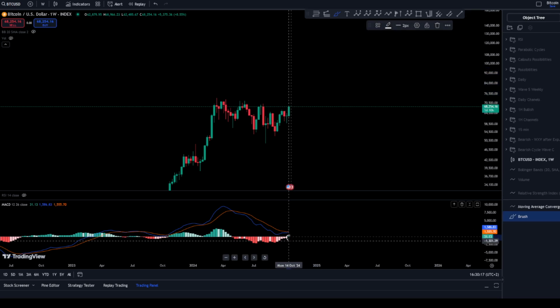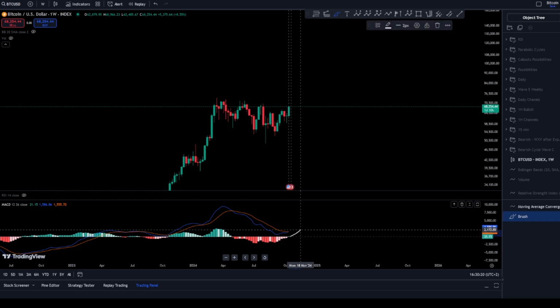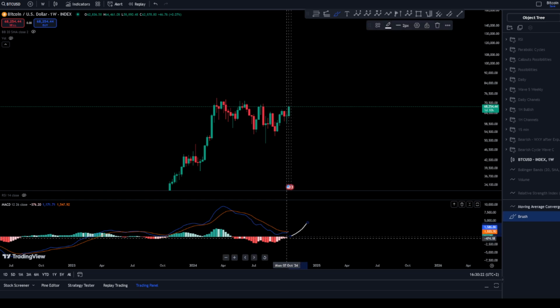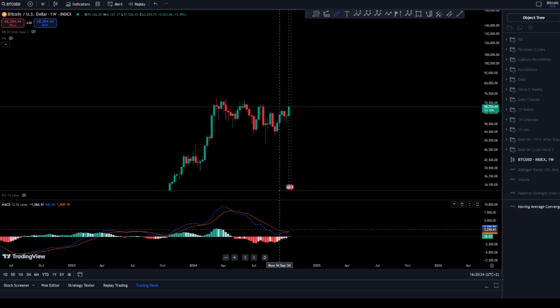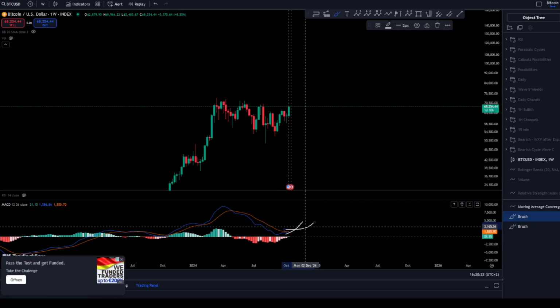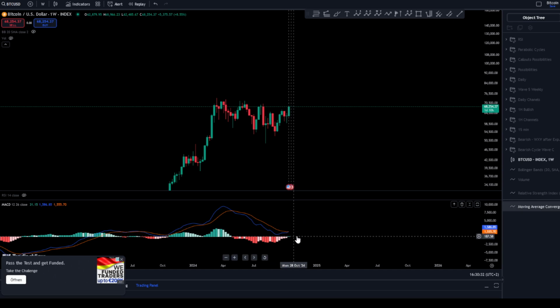It could be a very nice signal that we are going up, especially as the trend lines are forming the bullish cross here towards the upside, and the zero line is playing as a support, sorry, not resistance.